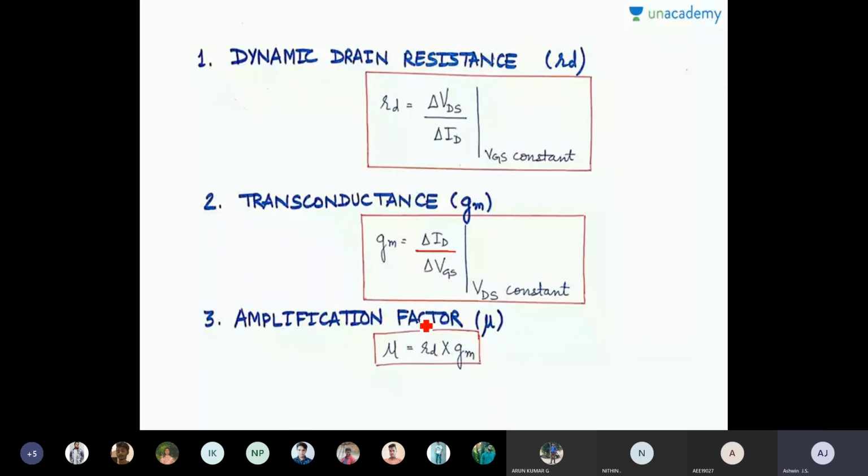What is the output voltage actually in a FET? The amplification factor is the ratio of output voltage to input voltage, Vo by Vi. And what is the output voltage for a field effect transistor?